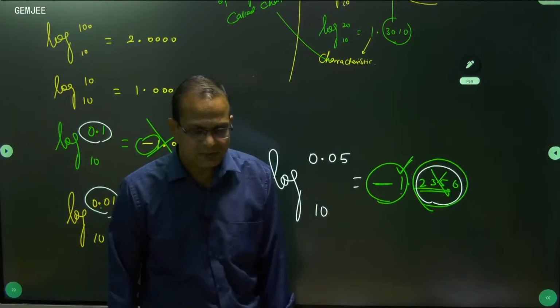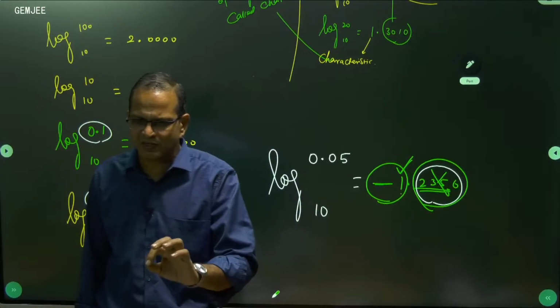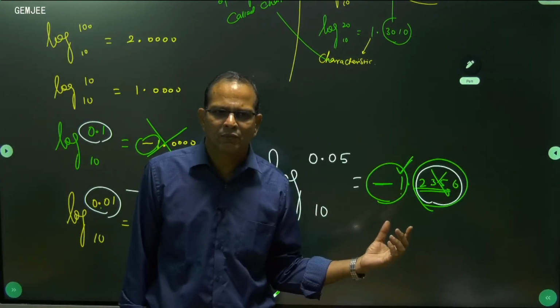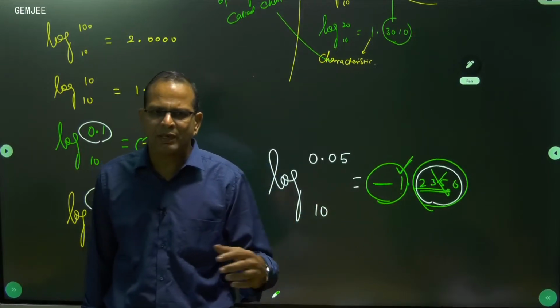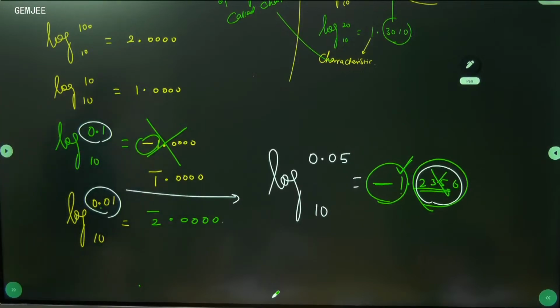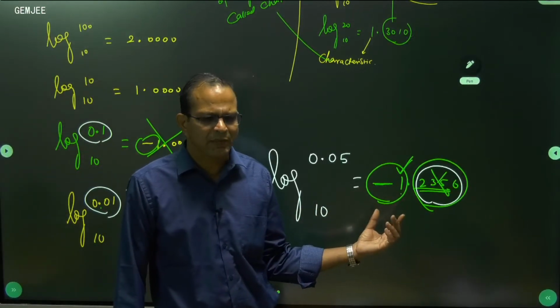What you have to write next? Already you have written about characteristic and mantissa. Now we want to go further and write that the characteristic is an integer, maybe positive, maybe negative, while the mantissa is always a positive number.